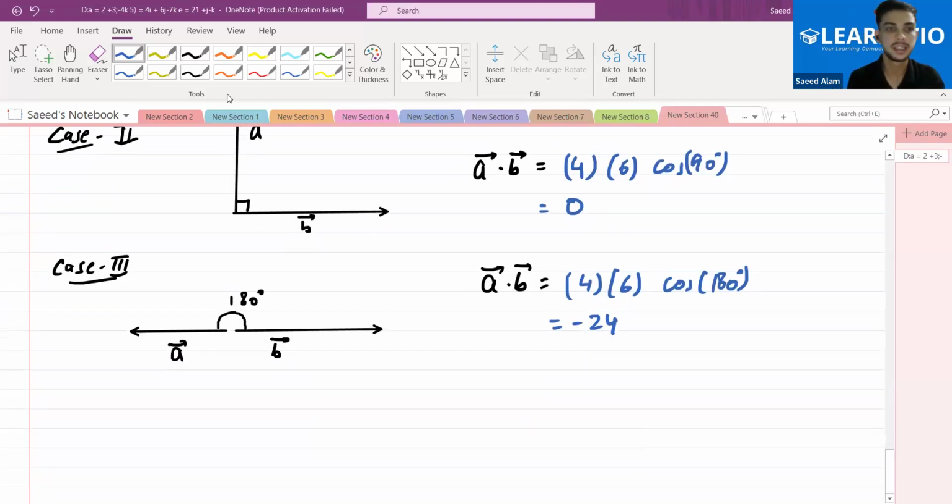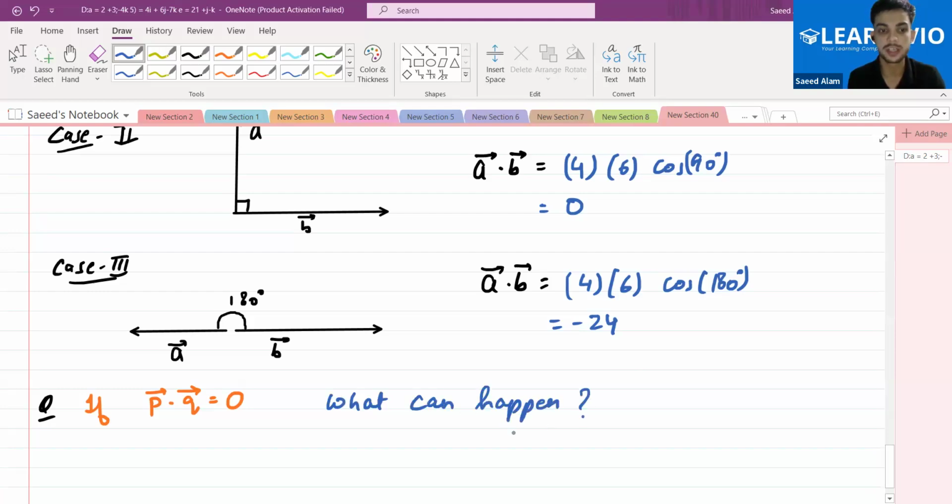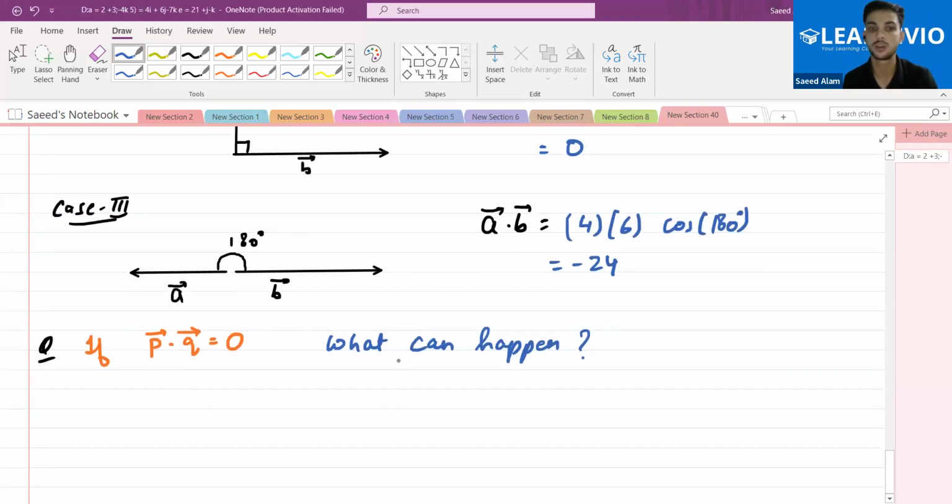See, what can happen, if it is given to me that P dot Q is 0? So what can you say about P and Q if the dot product is 0?